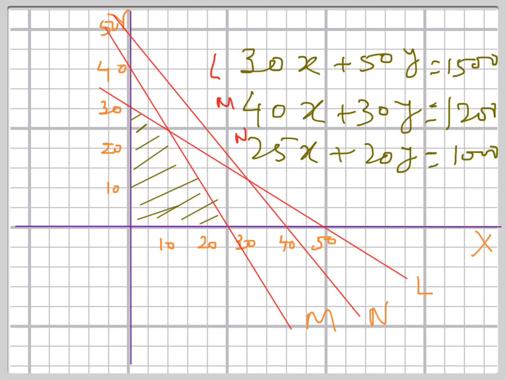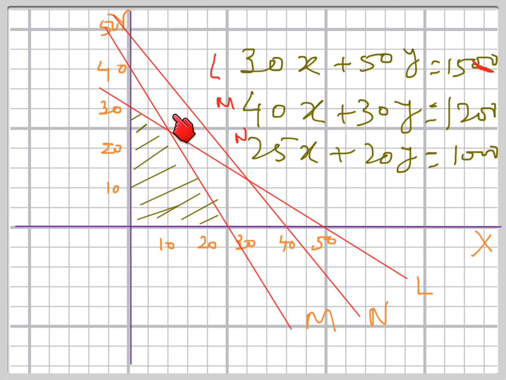If we take a point, say here in this particular region, then here it is below this line, which is N line. It means that you have sufficient N, but since these points are above M and L, you don't have sufficient M and L to produce.